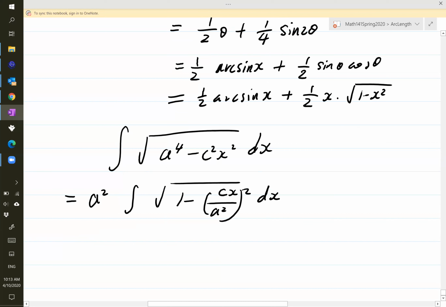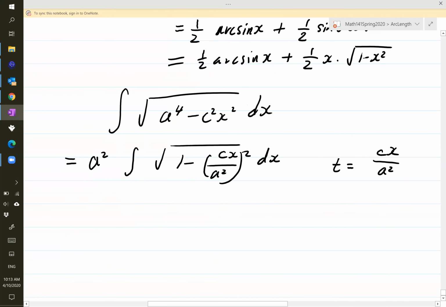Let t be cx over a squared. So dt will be c over a squared dx, so dx will be a squared over c times dt. The square root of 1 minus t squared.